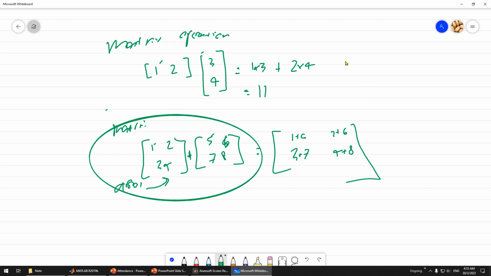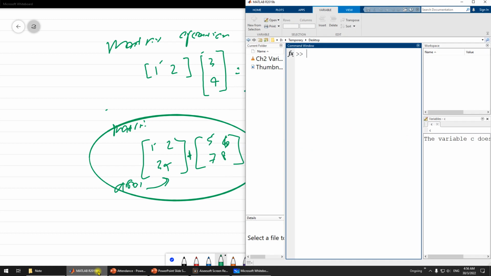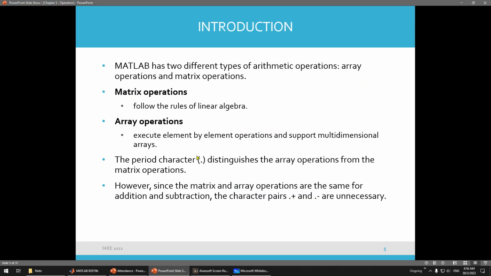As I showed before, the difference is, for example, matrices A and B. This one is just matrix operation, but if you want array operation, you have to put A dot multiply B. So that is the difference. No need to worry for this, I will show you later.